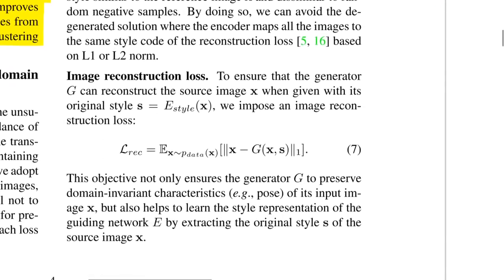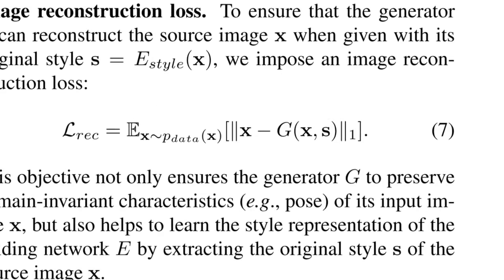All right, and then the last thing is an actual image reconstruction loss. So what you'll do is your generator will produce an image from the source image and its own style. Right here, that's important. Before we input S tilde here. So this now is we input the source image and its own style.